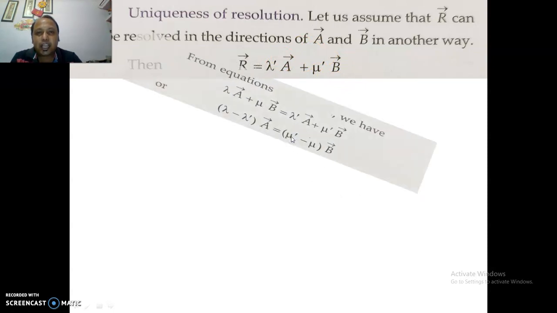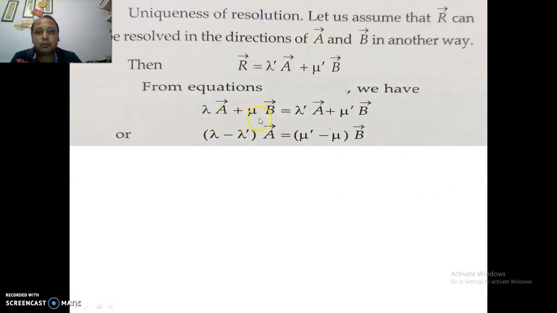One is lambda A plus mu B, which we have seen in the earlier slide, and here we can see that lambda dash A plus mu dash B is also vector R. So we can equate them. So we now have lambda minus lambda dash, because we take it to the other side, vector A is equal to mu dash minus mu into vector B.